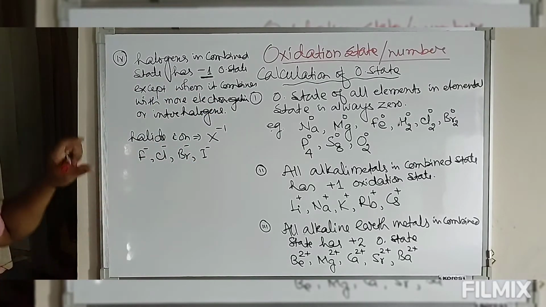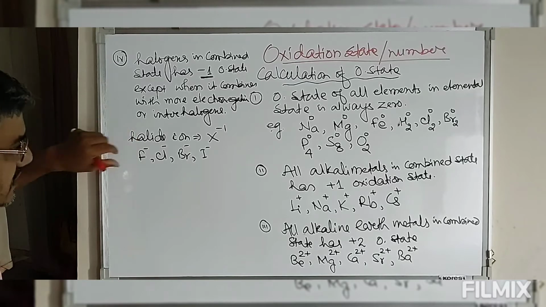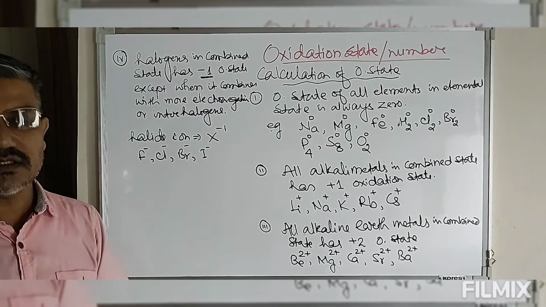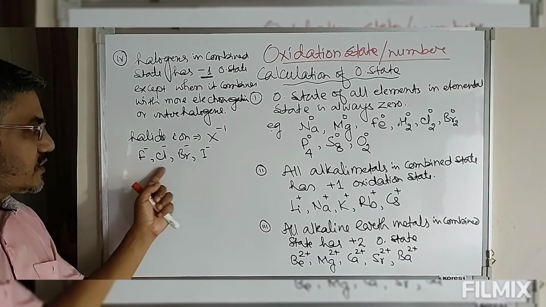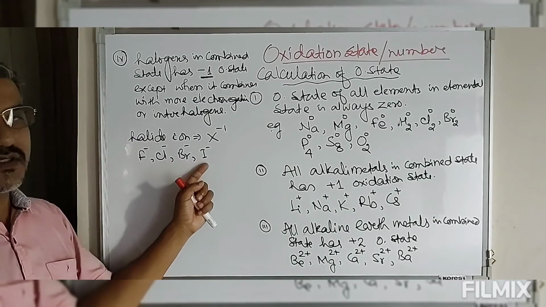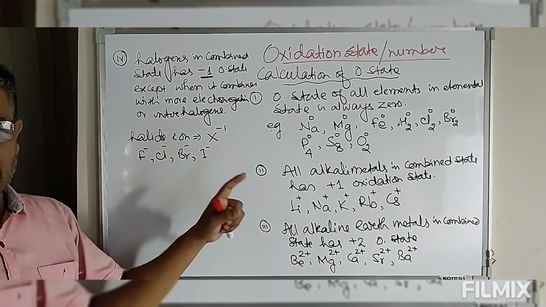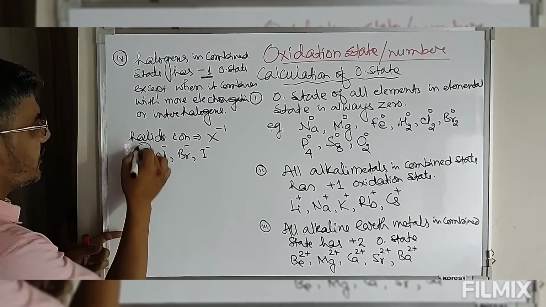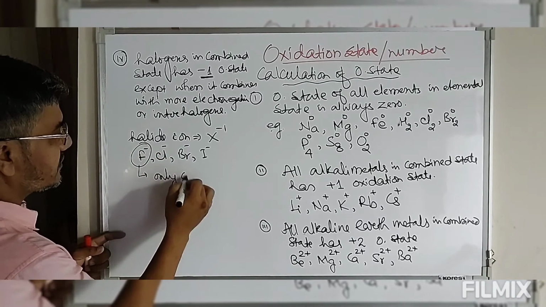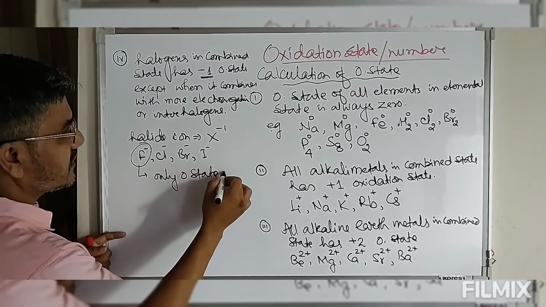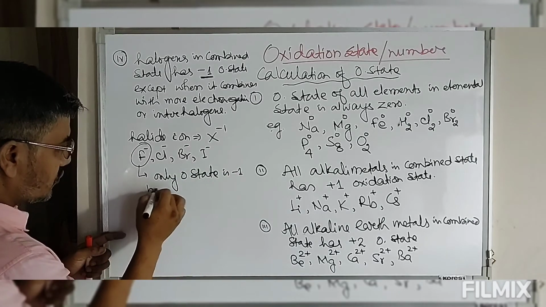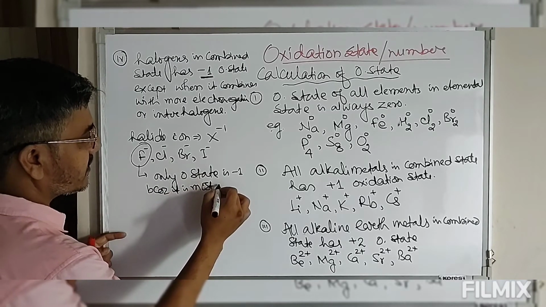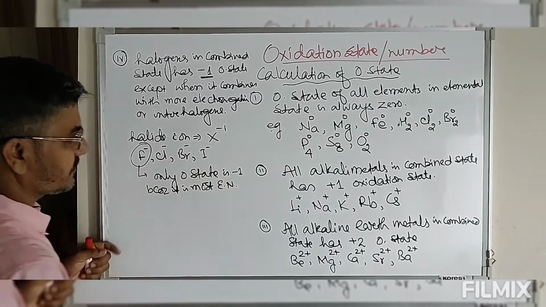Fluorine shows only one oxidation state. The reason being, fluorine is the most electronegative atom. Except for fluorine, the rest of the halogens, chlorine, bromine, iodine, show -1 as well as positive oxidation states. For fluorine, the only oxidation state is -1 because it is the most electronegative atom.